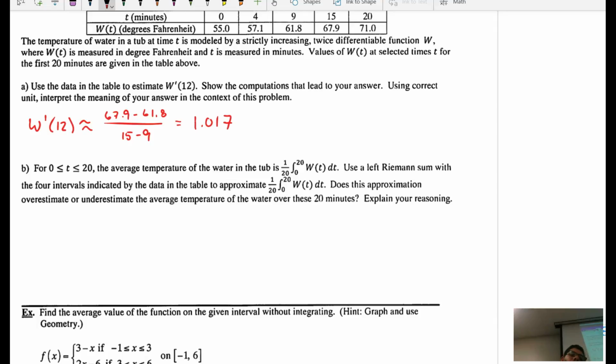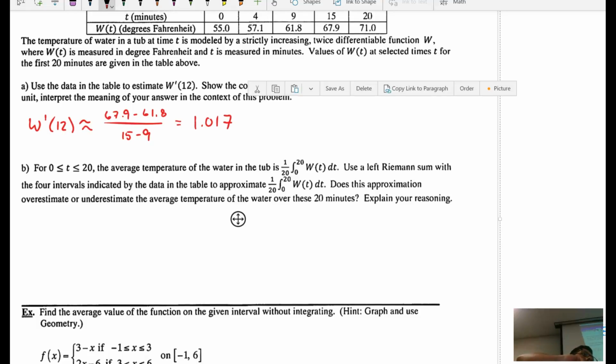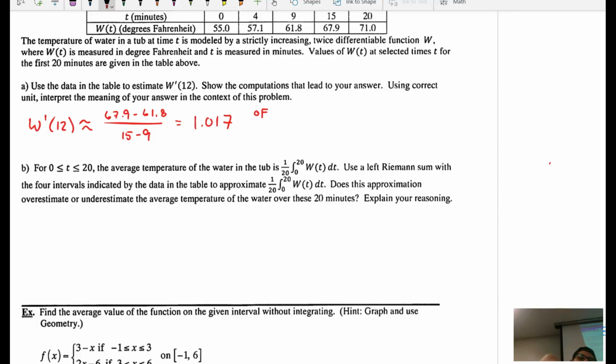What does W prime represent here? So even looking at the units here, what are the units going to be? Degrees Fahrenheit divided by minutes. So if this is degrees Fahrenheit per minute, then it's a rate of change. It's a derivative, so it's a rate of change of what? Of temperature.